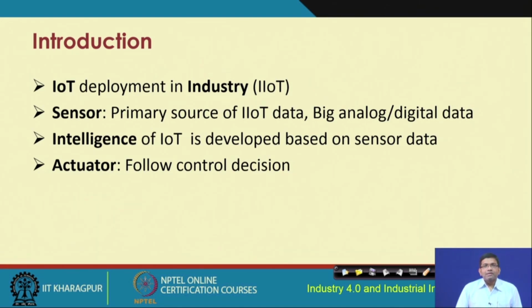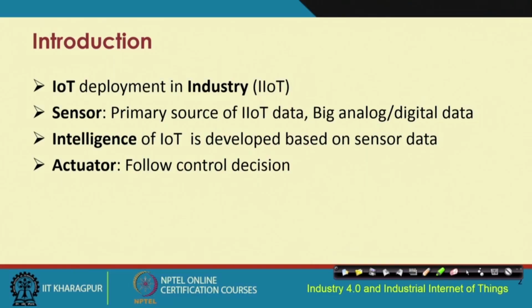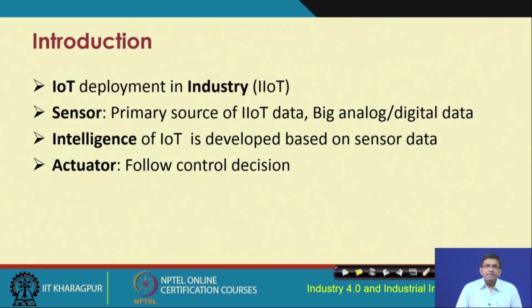The data that are collected by these sensors will have to be powered with intelligence. So, these data will have to be processed in order to get information and knowledge out of the data, followed by the analysis of the data that is being collected in real time in typical scenarios.